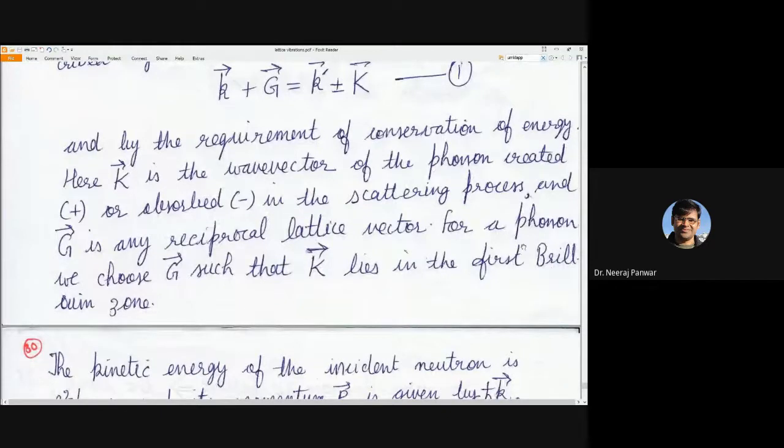For a phonon, we choose the reciprocal lattice vector such that the phonon wave vector will lie in the first Brillouin zone.